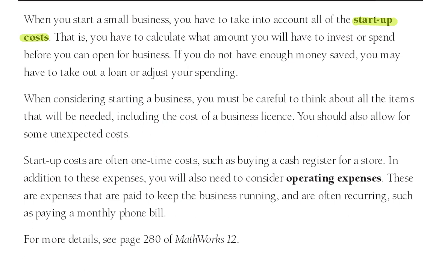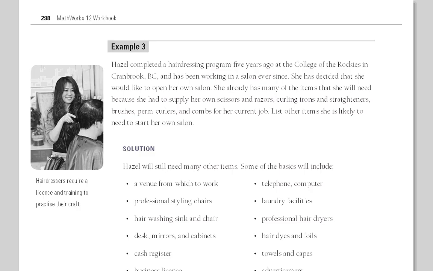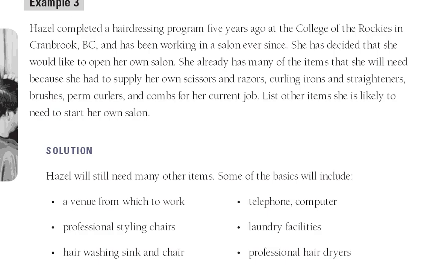So this sounds a lot like what we did last year with our budgeting unit. We were talking about recurring expenses. Now, the example that they're giving us is good old Hazel. She completed a hairdressing program 5 years ago at the college in the Rockies in Cranbrook, BC. And actually there is a really good hairdressing school there that a lot of people come out of.